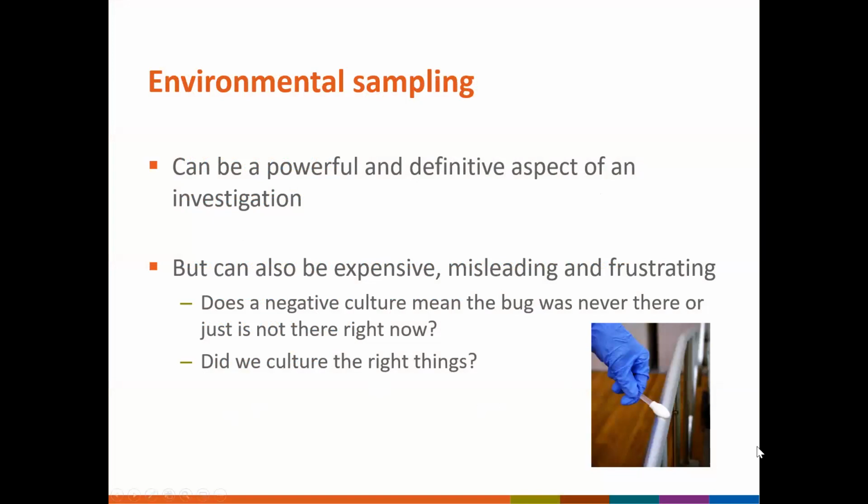The bug may have been on that particular handrail, but maybe they did proper cleaning, and after that the bug disappeared. This might be the reason the patient got infected with that bug. But again, you have to be very cautious in extrapolating information from environmental sample results.